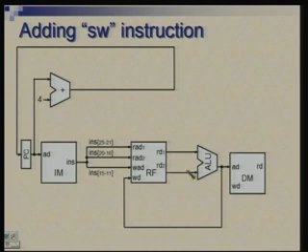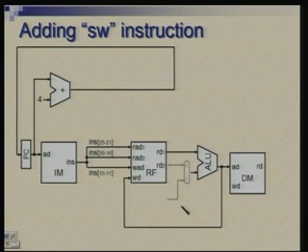I need to make sure that the right inputs come to the ALU for calculating address, and that is the next thing. So, we do not directly connect register file output to ALU, because for address calculation it is a constant coming from instruction which will be loaded.